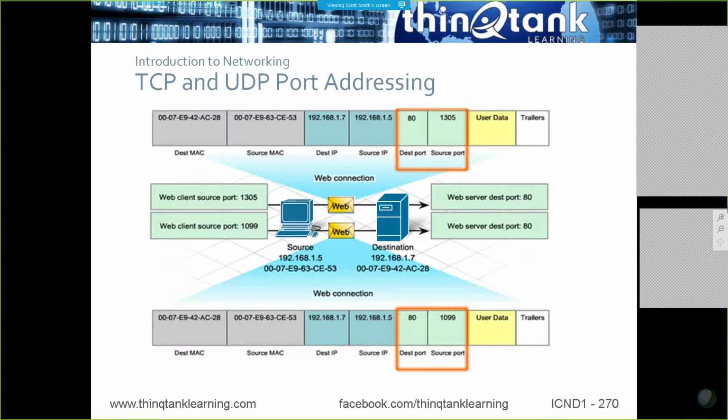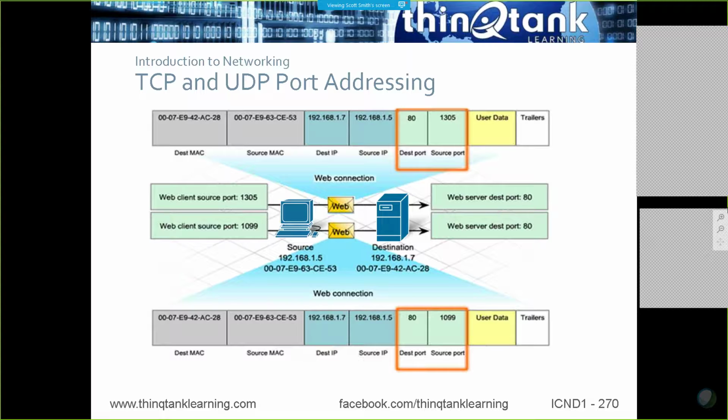Now let's talk a little bit about the port numbers, because this is a very, very important concept when it comes to identifying the application. And this example really does give us a good visual of why these port numbers are important. I have a PC on the left with an address of 1.5, and I've got a web server in the same subnet with an address of 1.7.